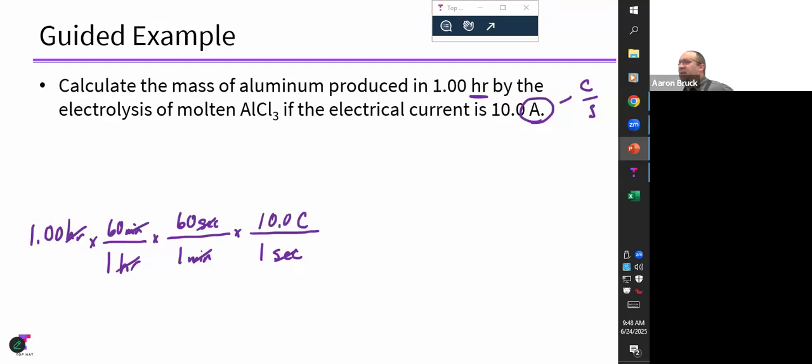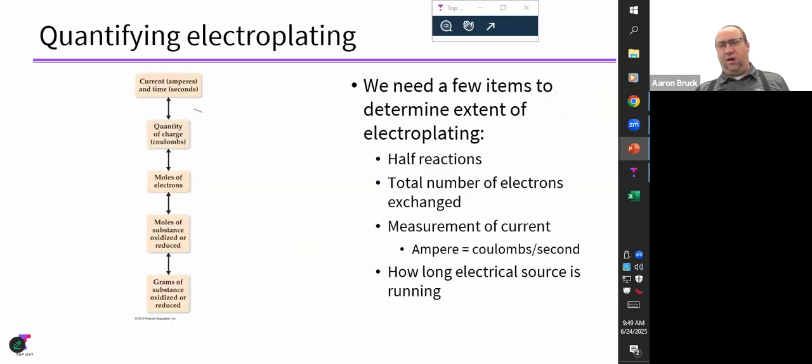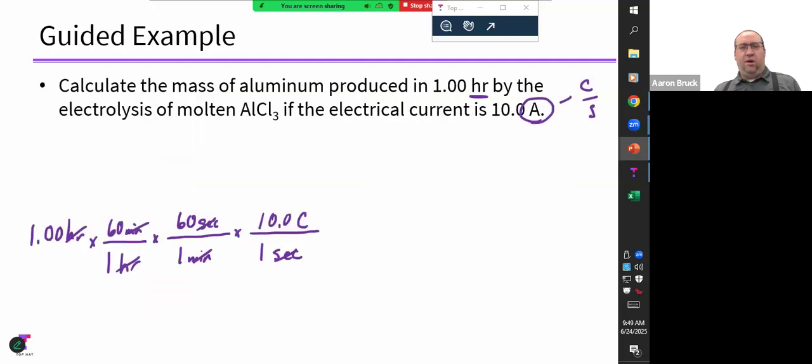Now, this is the part that's not necessarily intuitive. So let's go back to the map here and see where we are. Okay, so we had this, and we just figured out the quantity of charge. It says that the next move would be to determine the number of moles of electrons. Do I know a relationship between coulombs and moles of electrons?